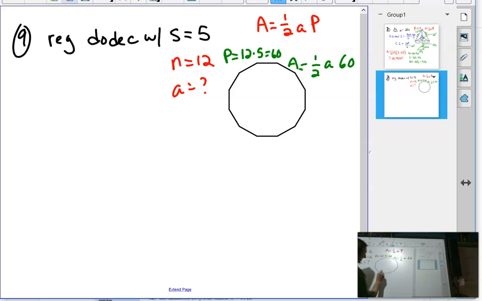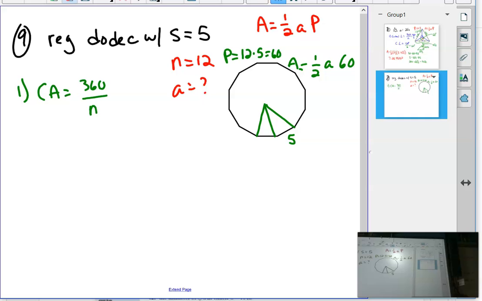Step number 1. Again, I'm going to have a bunch of these triangles. And I know each side is 5, right? So now, step 1, central angle, 360 divided by n. That's 360 divided by 12. 360 divided by 12 is 30.